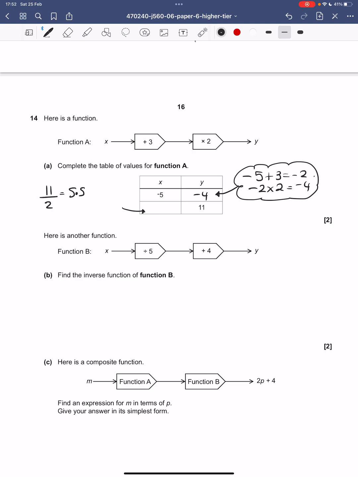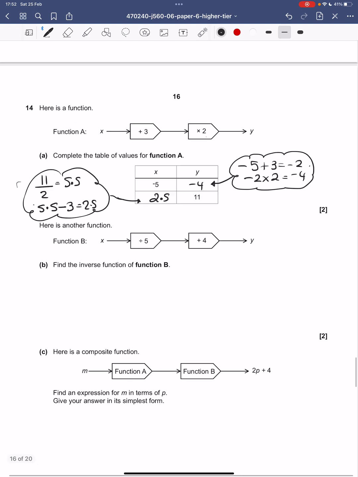We've got to go backwards and do the reverse. So something plus 3 makes 5.5. So we've got to subtract the 3. So it's got to be 2.5. 5.5 take away 3 is 2.5 in there. Okay, so that's how we got to that one there.